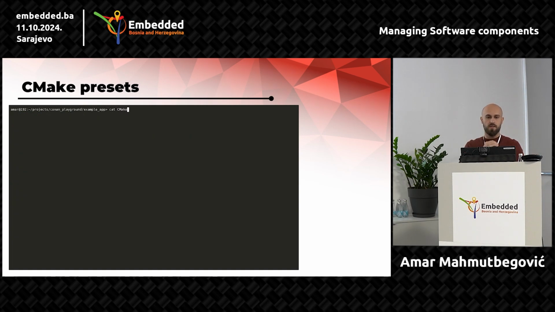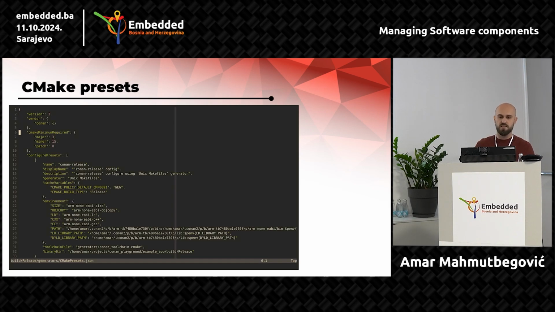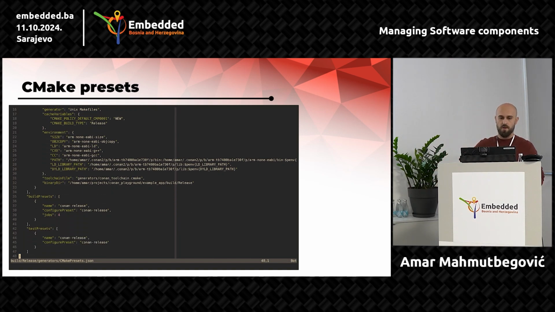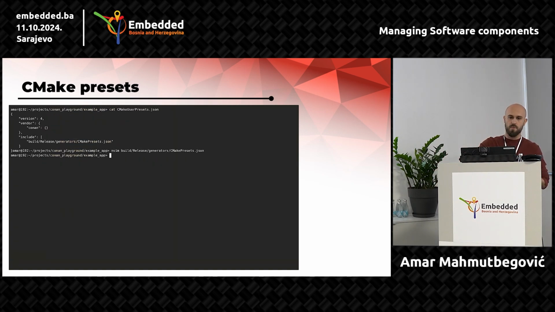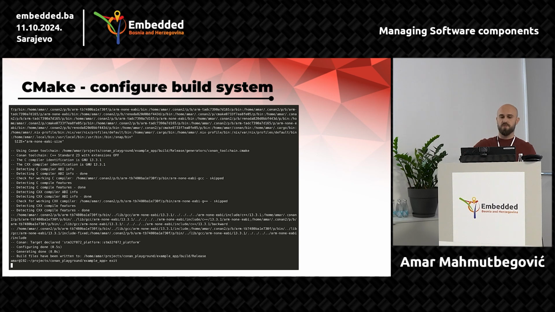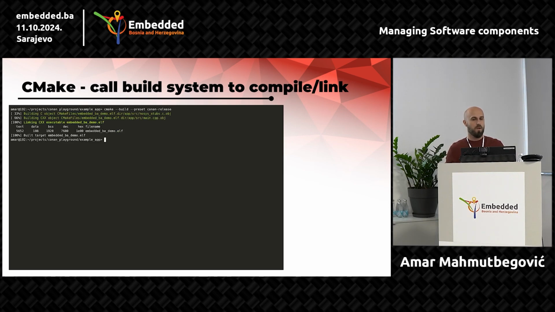If we take a look in CMake user presets, we see it points to build release generator CMake presets, and this is the actual presets files that contains all settings needed for running configure phase of CMake and build phase of project. Okay, so here again we are using CMake preset to configure build system, and after that we are using it also to build the project.